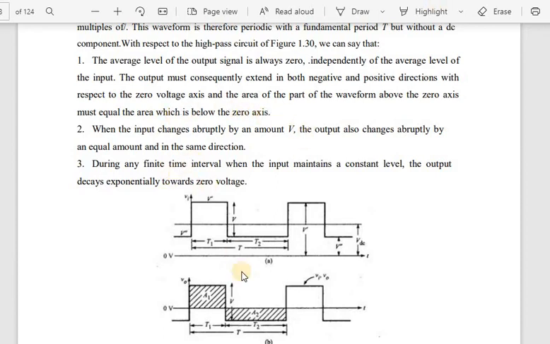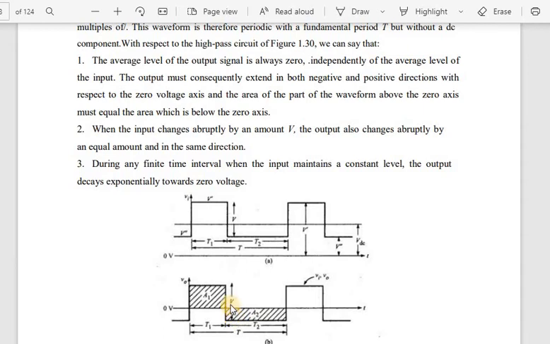So whatever area you get at the input with respect to the 0 axis, the same should be obtained at the output also. This is the 0 axis, this is the positive, and this is the negative axis. The area above the 0 axis must equal the area below the 0 axis. This is the condition.